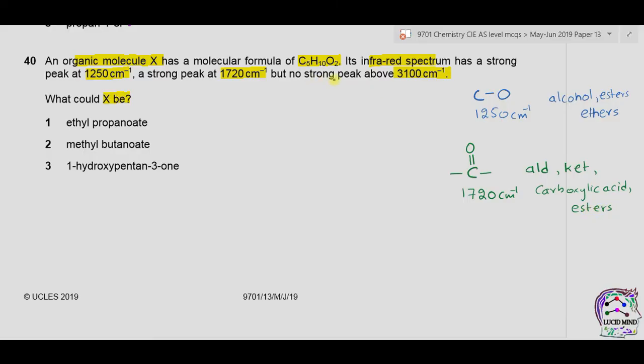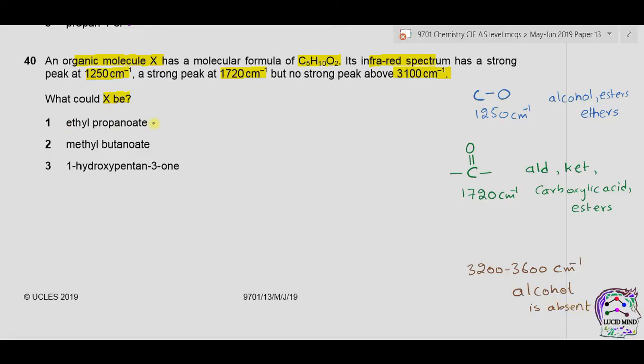Then we can see that no strong peak is observed above 3100 per centimeter. Now we know that from 3200 to 3600 per centimeter a strong peak is observed for alcohol. So therefore alcohol is absent.